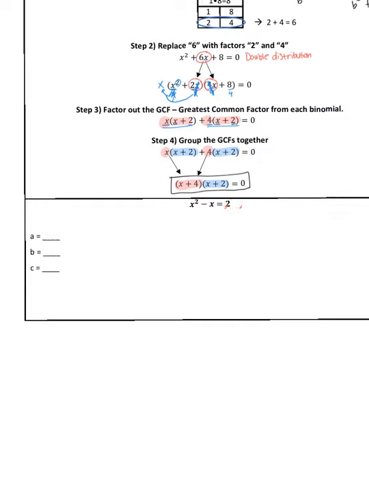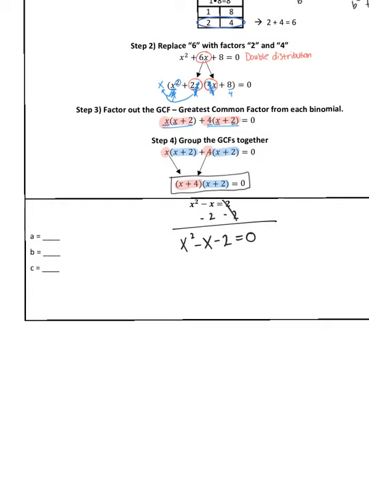So what I'm going to do to make that 0 is I'm going to subtract 2 from both sides. So you've got x squared minus x minus 2. I can't combine that minus 2 with anything because it doesn't have an x or an x squared attached to it, so I'm just going to leave it in the back. And then I have equals 0. Now that I have equals 0, I can start factoring.